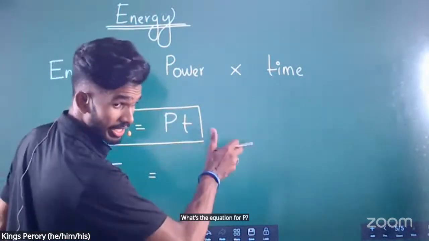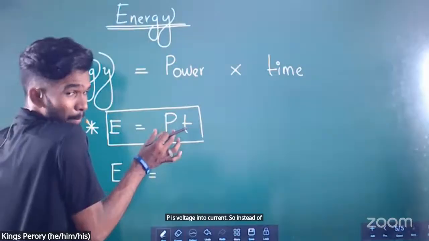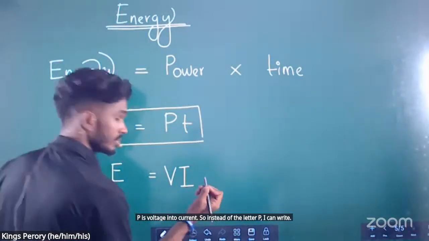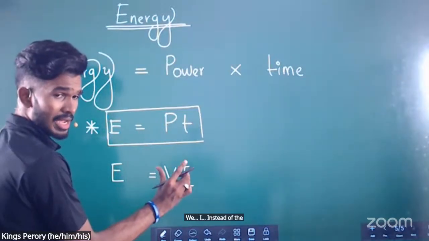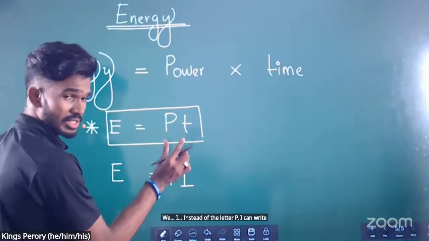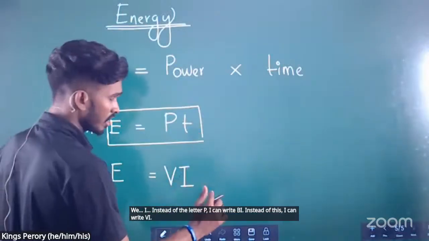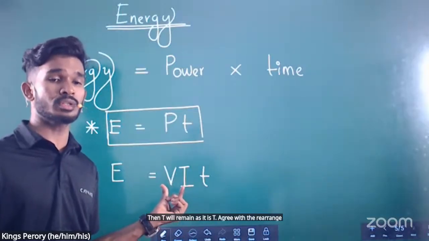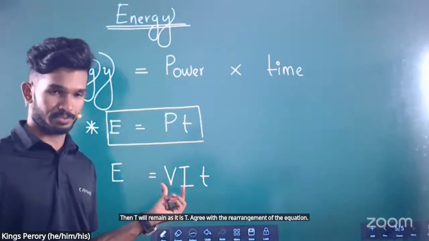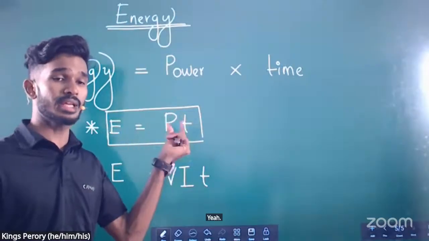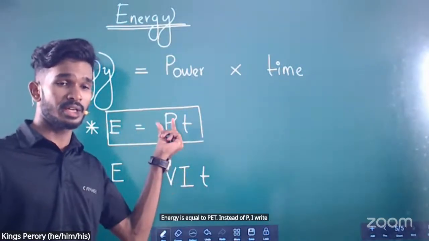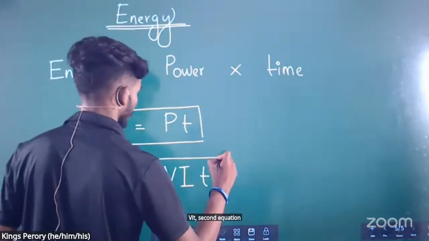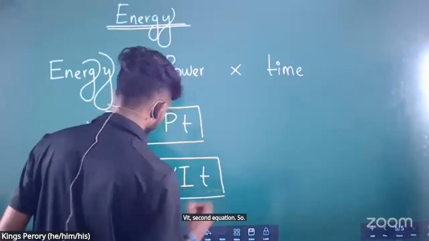P is voltage into current. So instead of the letter P, I can write VI. Then T will remain as it is. Agree with the rearrangement of the equation? Yes, sir. Energy is equal to PT. Instead of P, I write VI. Then energy is equal to VIT. Second equation. So two equations are given.